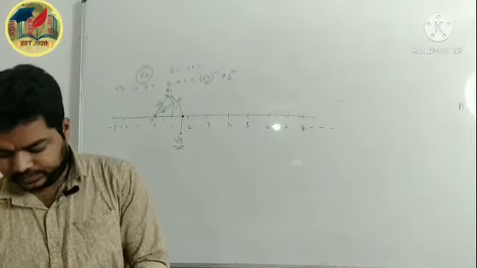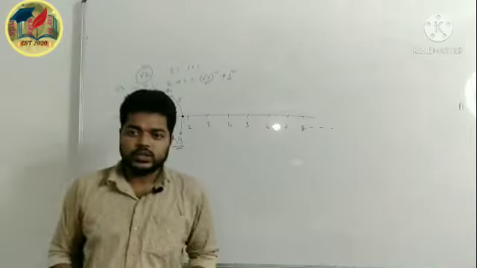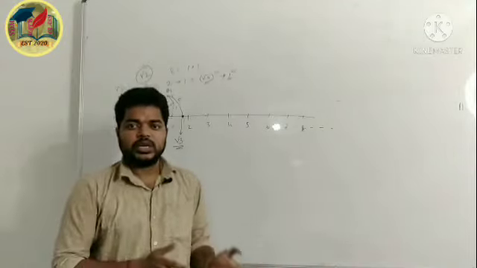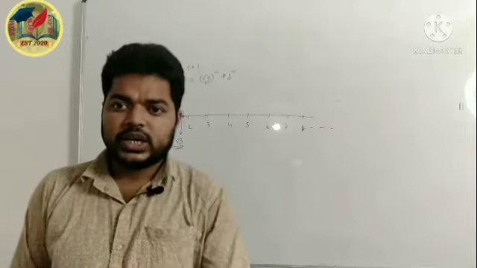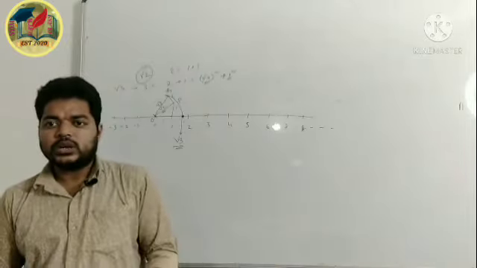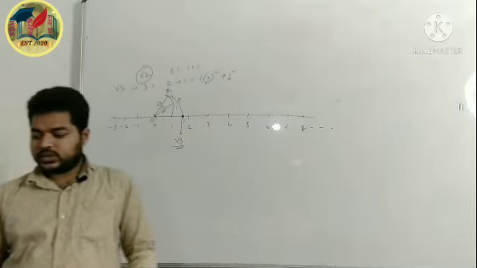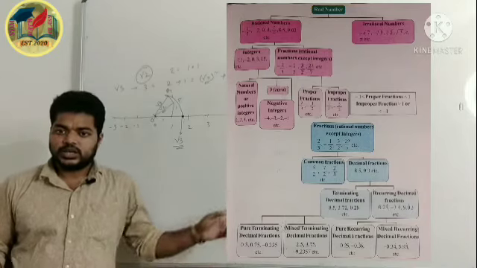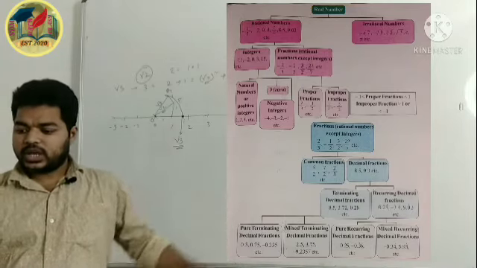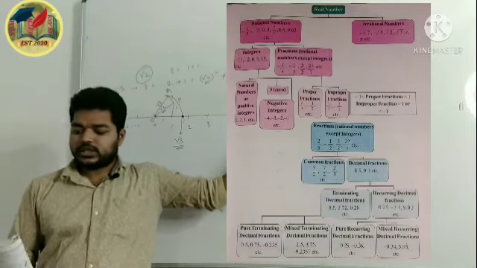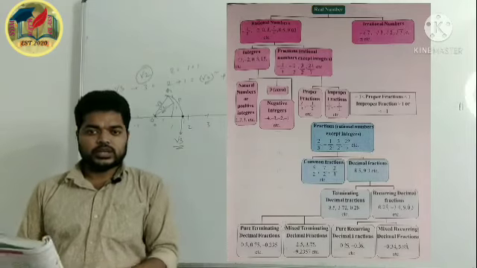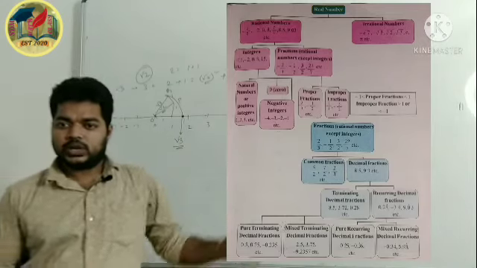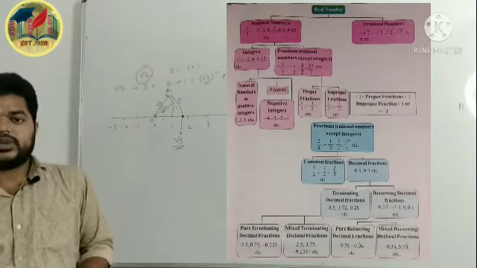Okay. This is the total real number system, irrational numbers and rational numbers. At a glance, if we see the total number system in this chart, real numbers are divided into two parts, rational numbers and irrational numbers. Irrational numbers have no further division, and rational numbers are of two types, integers and fractions.